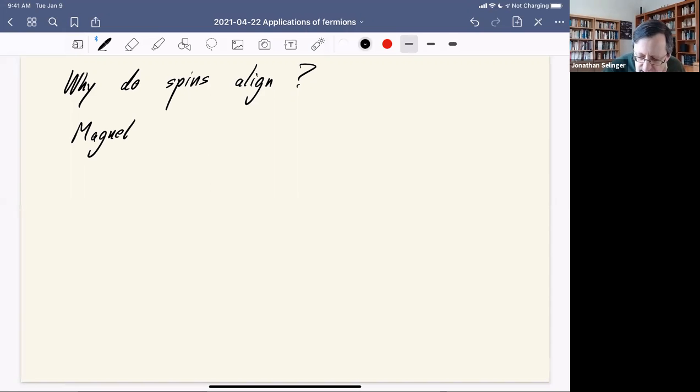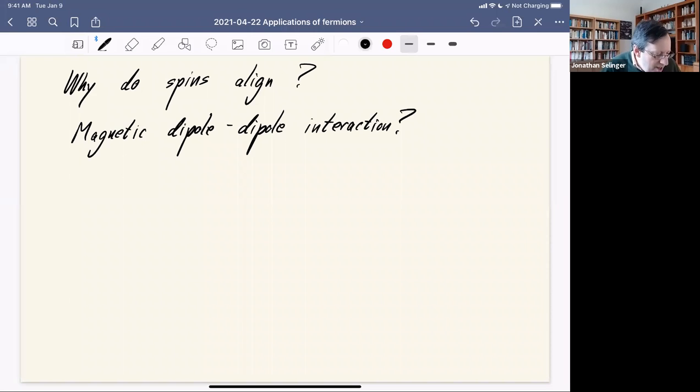Okay? So in an E&M class, you would have seen that if you have two magnetic dipoles, as with two electric dipoles, there's an energy of interaction which depends on the relative orientations of the two dipoles. Okay, and the equation that you might have learned for that looks like this here.